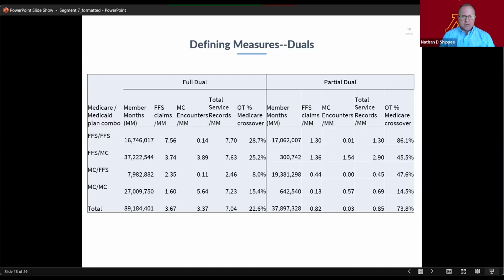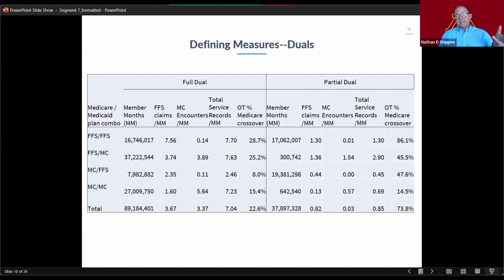Tracking that down, you may be able to find some signals in the data for why that might be, but you're probably not going to get a definitive answer. And then lastly, looking over at this, in the other file, the percent Medicare crossover. Yeah, I think that's all we needed to cover with this one.